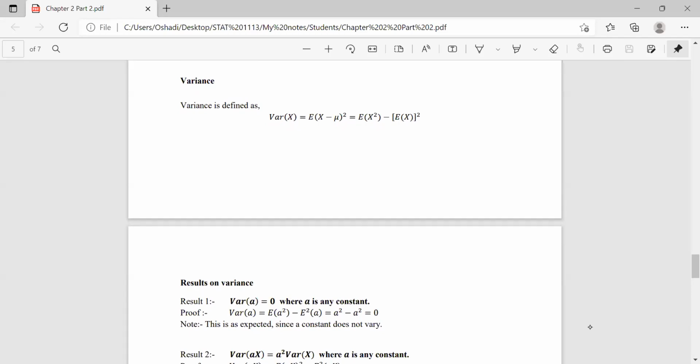We can write it as e x squared minus ex, the whole thing squared, right? You have to keep this equation in memory. This is the equation for the variance.